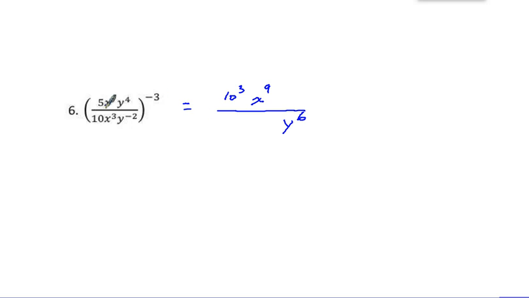In the numerator, 5 cubed will go to the denominator. X to the 7th cubed is going to be x to the 21st. And y to the 4th cubed is going to be y to the 12th.